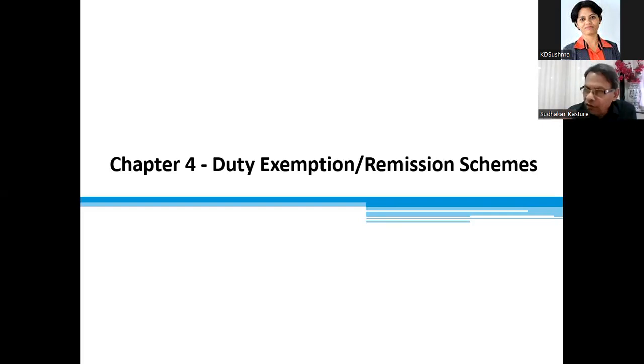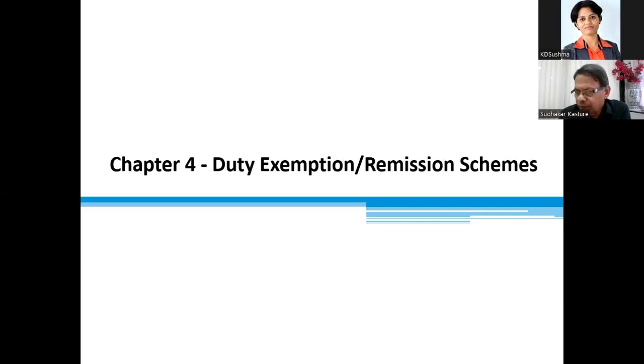And only when a notification is issued by customs, you can get exemption from payment of duty, not otherwise. Therefore, every single scheme of the policy granting any kind of exemption is governed by customs, and customs will issue a notification telling you which duties are exempted. Every scheme of the policy will be supported by a customs notification.